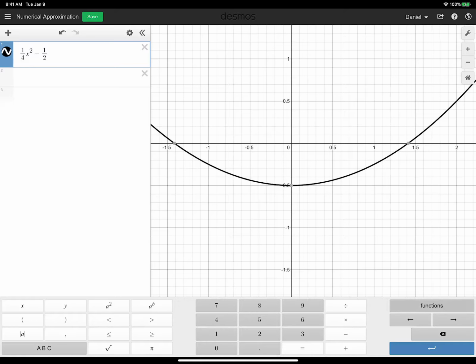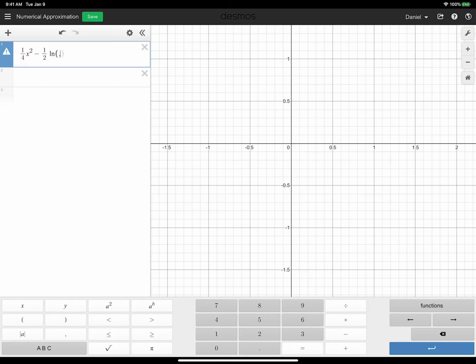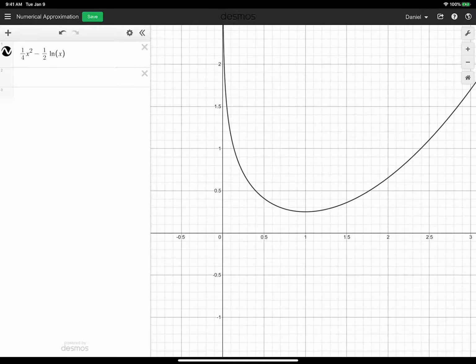So we're going to need some functions here, and let's put that x. Alrighty. So this is what we're looking at, and we want to go from 1 to 2.